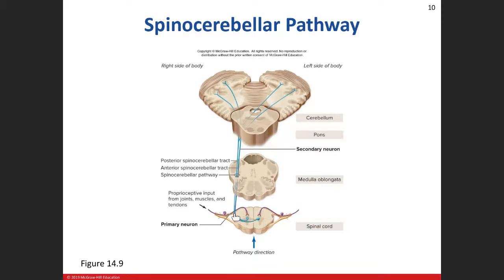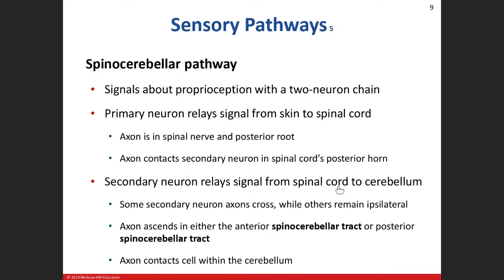It travels up through the medulla oblongata into the appropriate portions of the cerebellum, so that keeps it on the same side. Again, there are 2 tracts it can travel through, the anterior spinocerebellar tract or the posterior spinocerebellar tract, but both of those stay ipsilateral.